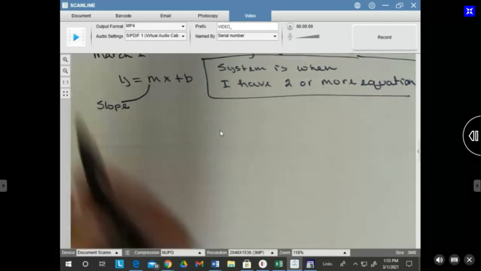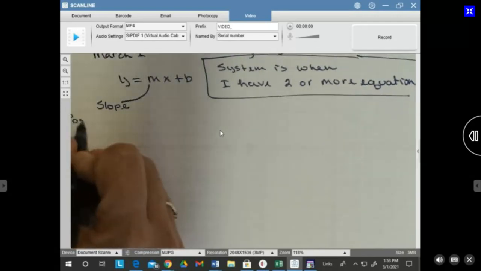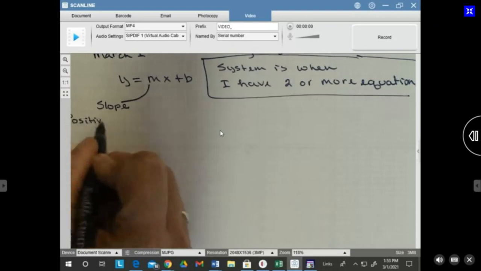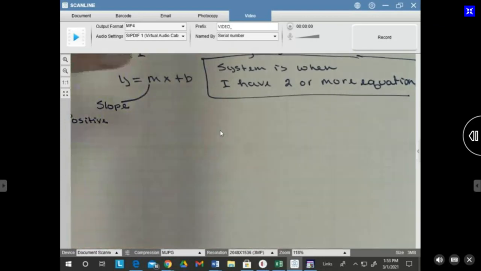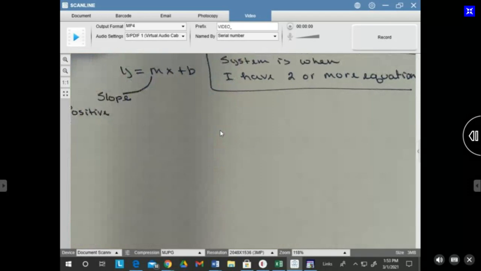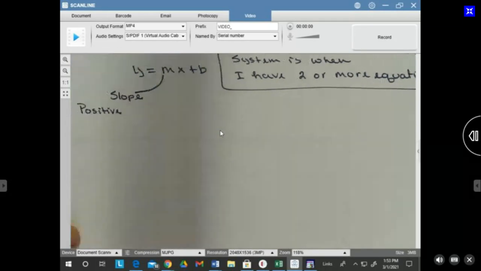Okay, let's say it is a positive slope. Give me a number, a fraction, a whole number, or some kind of number that's positive. 6. Okay, so my slope is a positive 6, right?